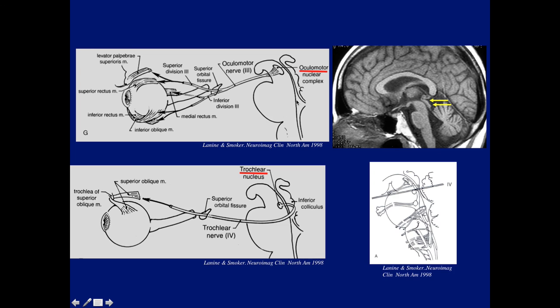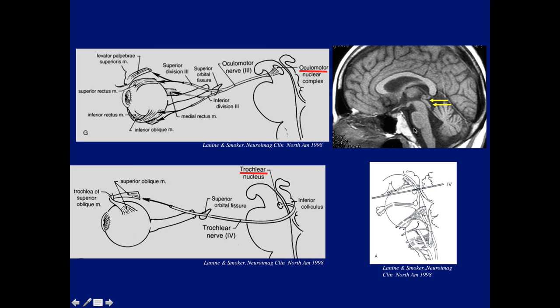The oculomotor nucleus is at the level just in front of the superior colliculus. The trochlear nucleus is just in front of the inferior colliculus. These are very small structures, very close together, as you can see here.